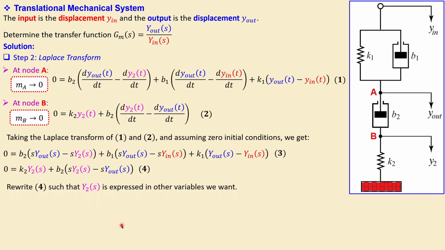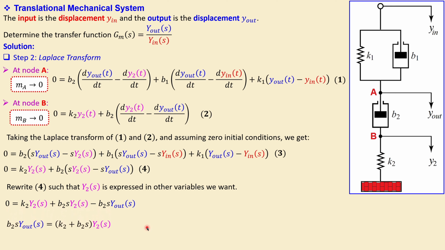Now we need to have our final form Y out over Y in. And I don't like to have the Y2 here, so that is a parameter I need to replace or substitute. So for that we can rewrite equation number 4 such that the Y2 is expressed in other parameters or variables we want. Now, I have now this, so I will now take out this parenthesis of B2 times sY2 and then B2 times minus sY out, that's actually shown here.